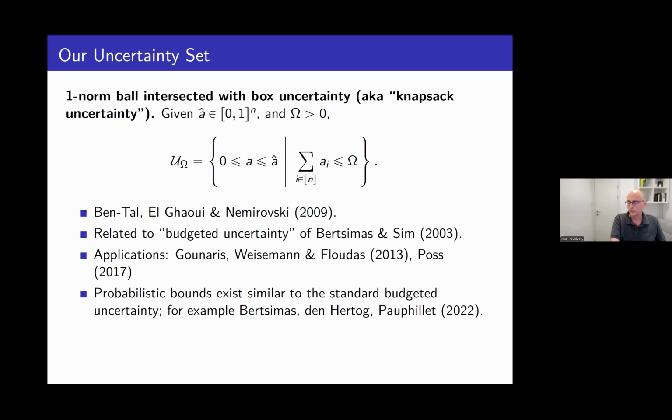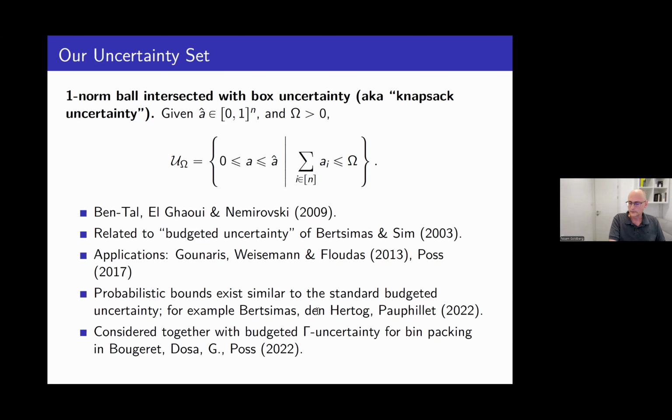For example, you could derive one from general polyhedral uncertainty set probability bounds, in this recent paper by Bertsimas and Hertog, Pauphilet. So we have probabilistic bounds also in this case.